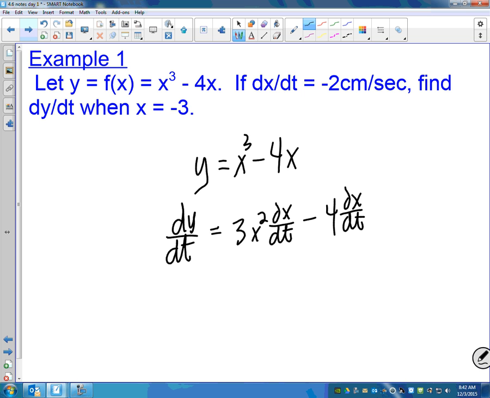And then if you want to simplify it, you can. But you should be able to just plug in the values that you need now. So they tell us when x is negative 3, we're going to plug that in for x. They tell us that the rate x is changing when x is negative 3 is negative 2 centimeters per second. That's all the unknowns we have except for dy over dt, which is what we find in time.